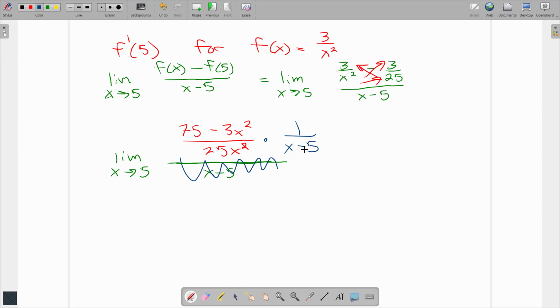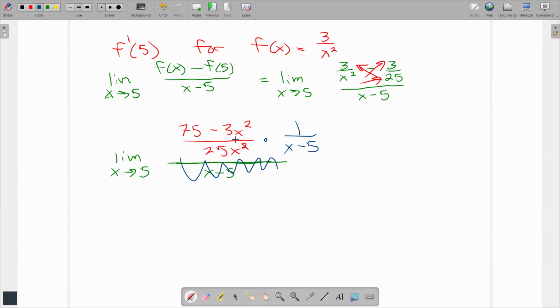Okay, nothing's canceled yet. What should I do next? Well, I just plug in 5 at this point. If we plug in 5, I'm going to get a 1 over 0 here, and then a 0 up here, so I still have 0 over 0. I'm multiplying, I don't need a common denominator.